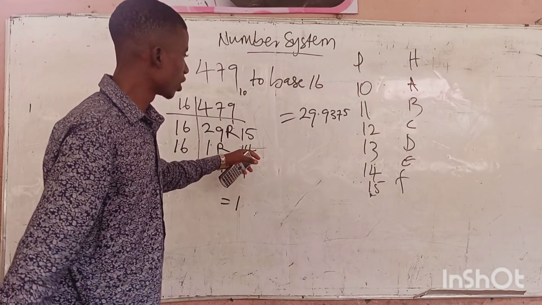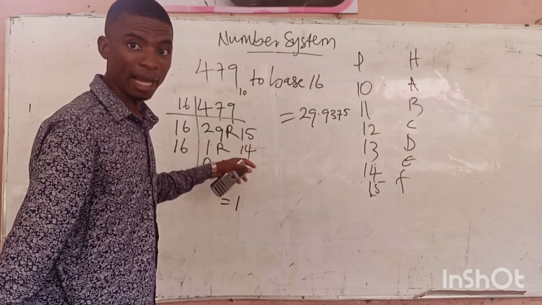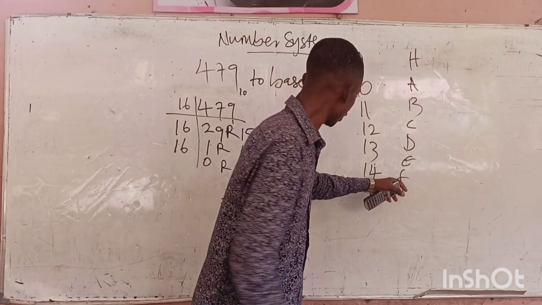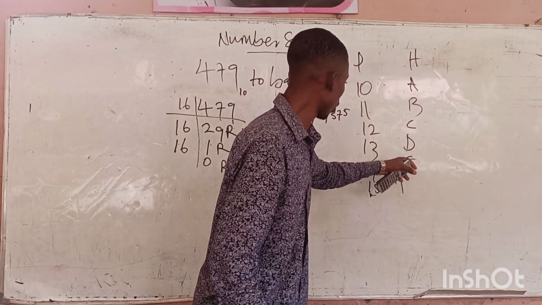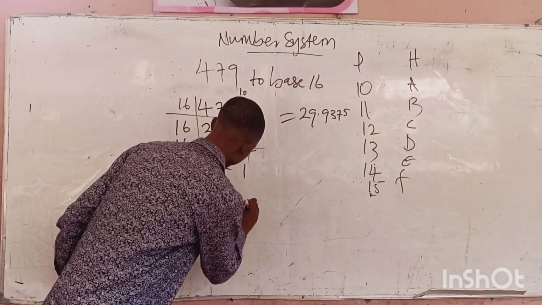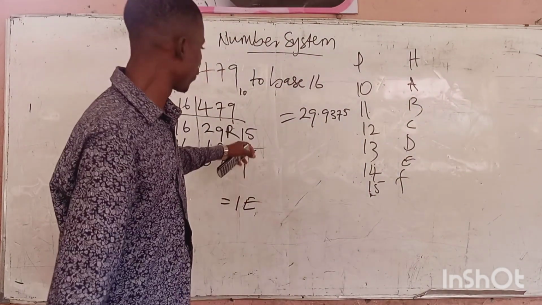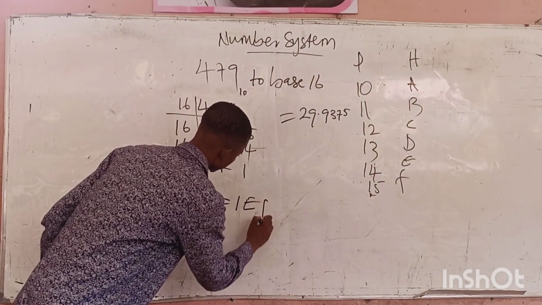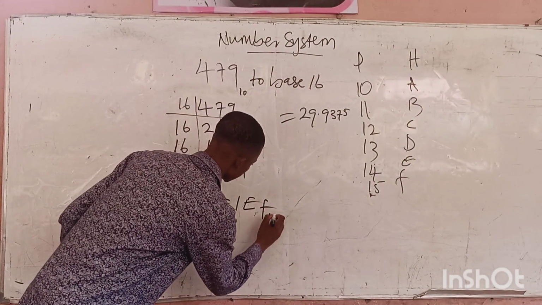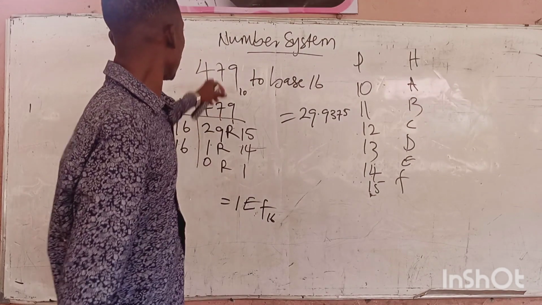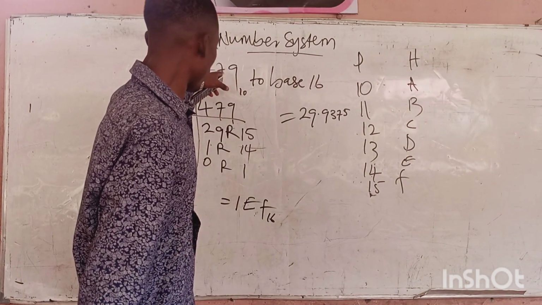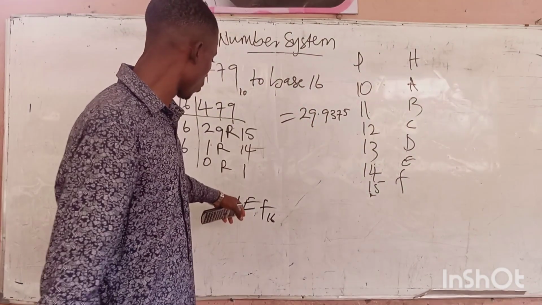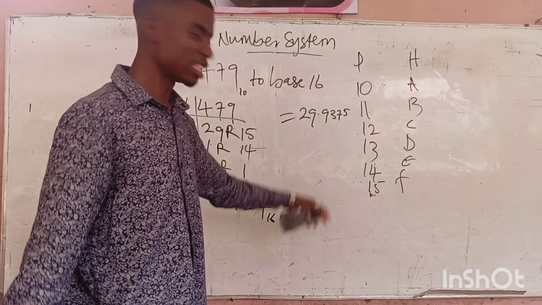Then 14 in hexadecimal corresponds to E. So it will be 1E. And 15 corresponds to F. So we have F. So 479 base 10 can be converted to base 16. When you convert it to base 16, it will give you 1EF base 16.